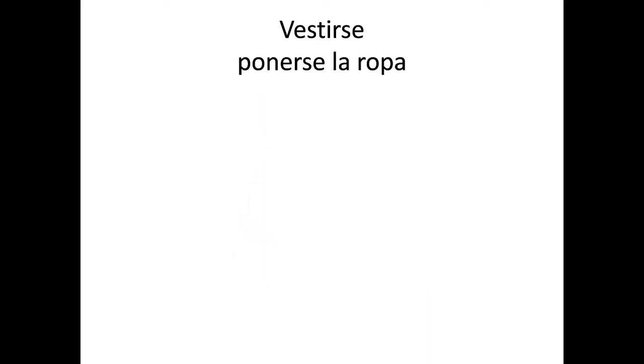To get ready. Arreglarse. To get dressed. Vestirse, ponerse la ropa. Again, if you use the first one, it would be me visto. And number 2 would be me pongo la ropa.